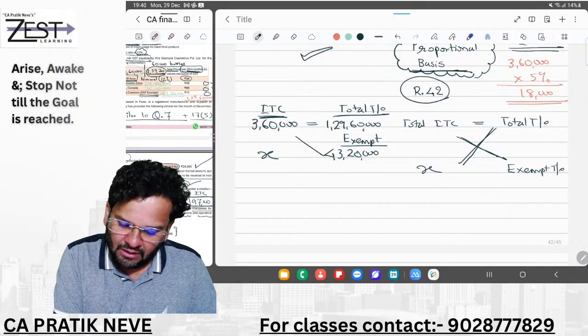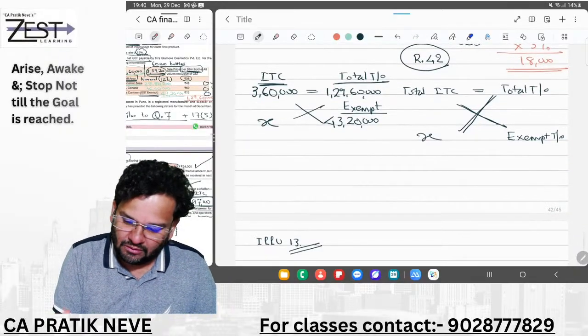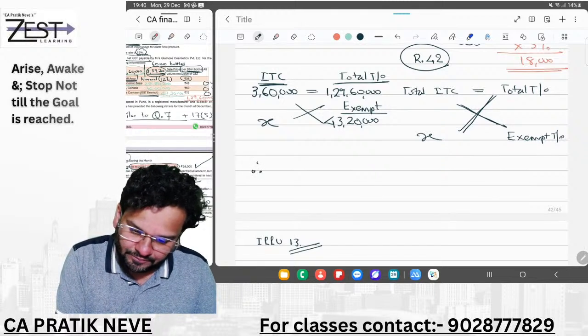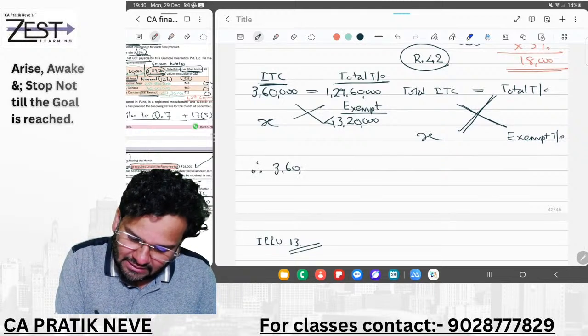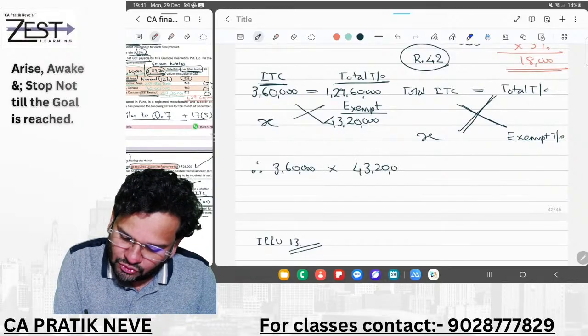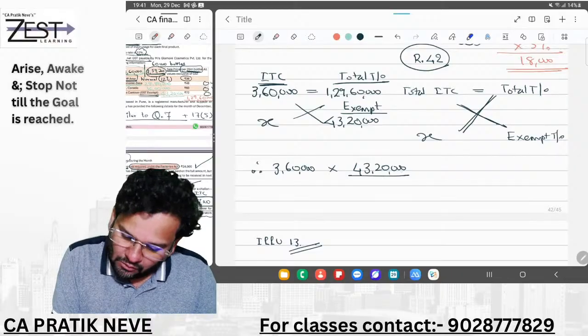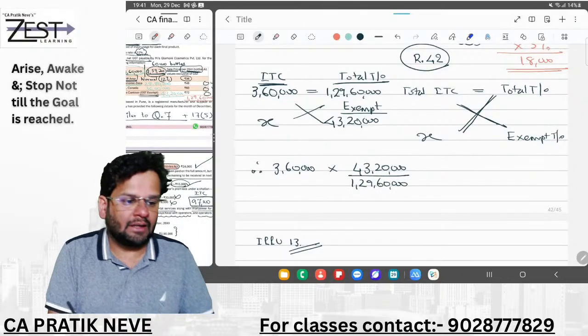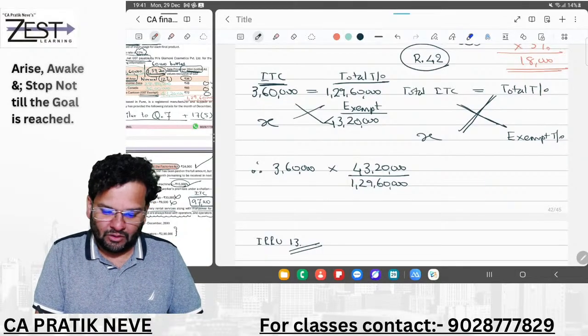So now simple, do the cross multiplication. How much will you get? So you will get 3 lakh 60,000 into 43 lakh 20,000 upon 1 crore 29 lakh 60,000. Are you all getting it? Do this.